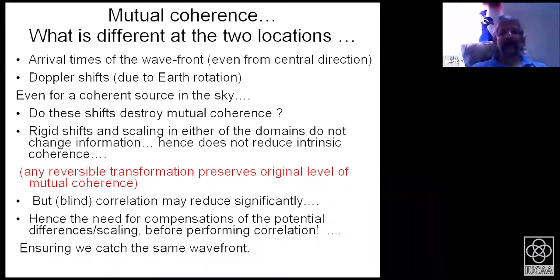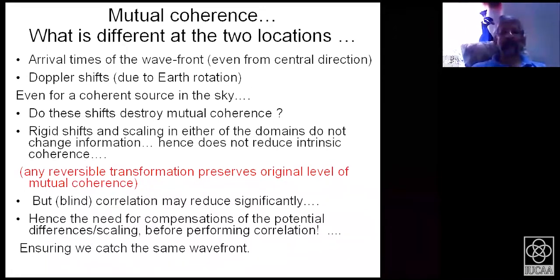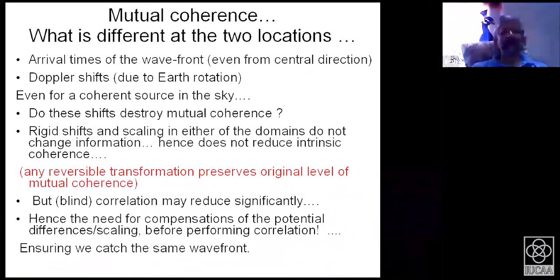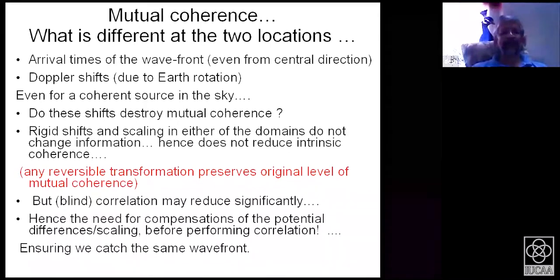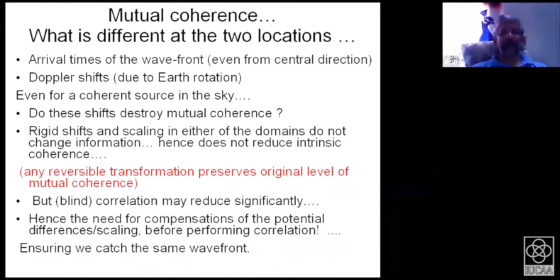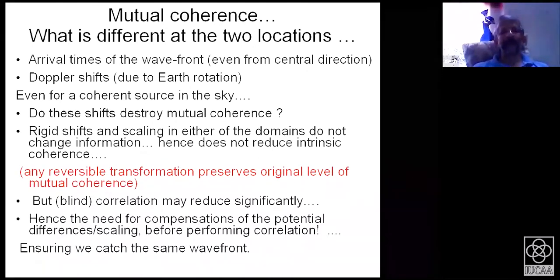And so they will have different vectors in principle, and they will also have different projections along the direction of the source. And so we have this situation where we have two observers associated with the two apertures moving at different speeds with respect to the source. And we cannot avoid the Doppler shifts resulting from this motion.